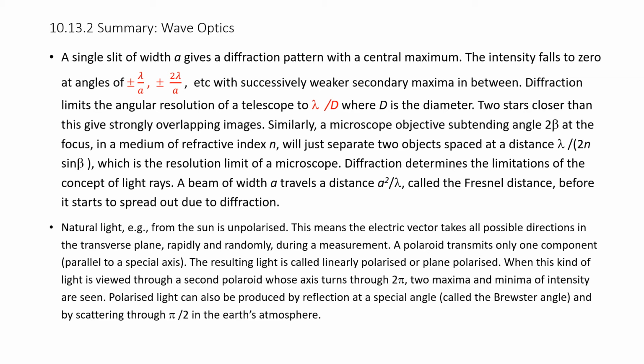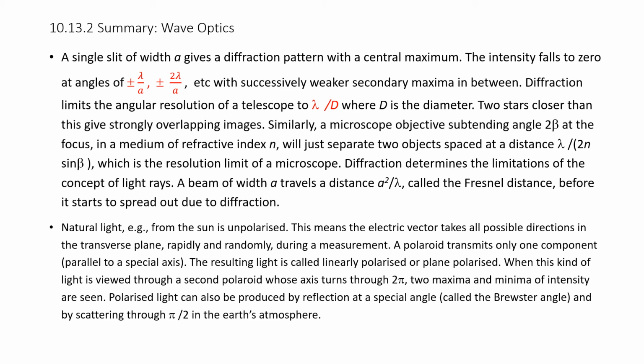This means the electric vector takes all possible directions in the transverse plane rapidly and randomly during measurement. A Polaroid transmits only the component parallel to its special axis. The resulting light is called linearly polarized or plane polarized.